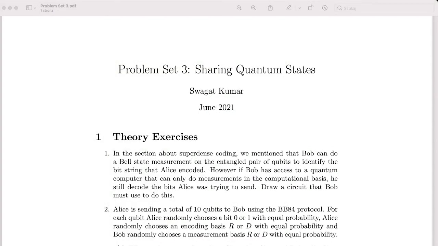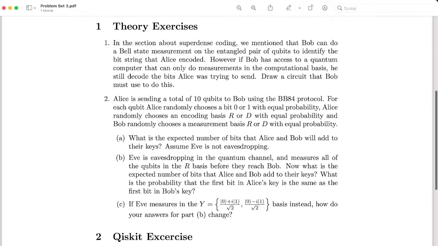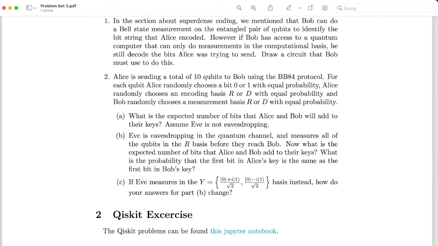Now a problem that touches on the BB84 cryptographic protocol. Alice is sending a total of 10 qubits to Bob, and for each of these qubits, she chooses a bit 0 or 1 with equal probability. Then she chooses one of the bases, right?